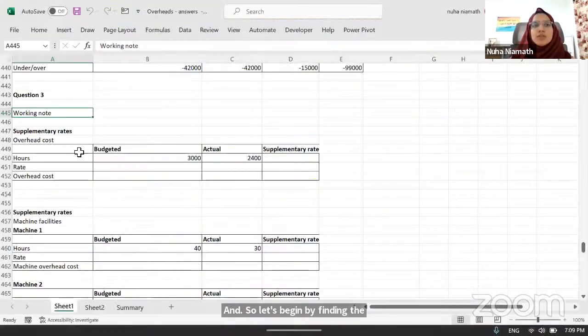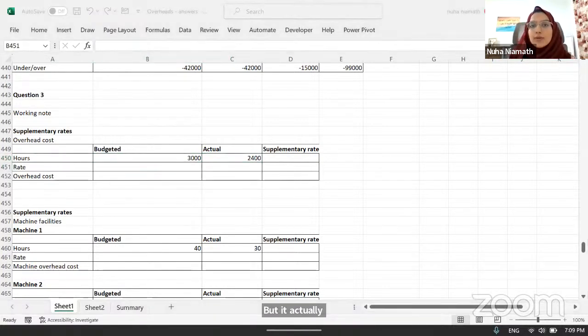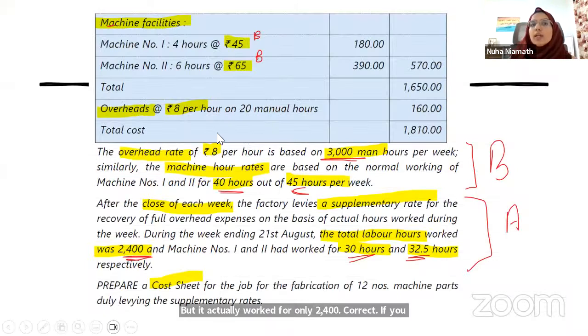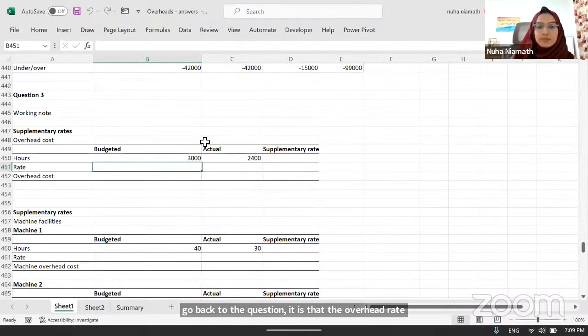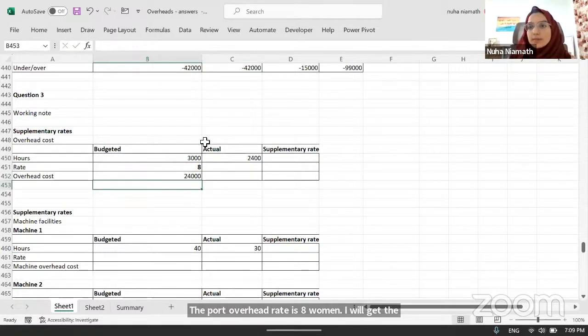In the question, we have been given that the hours for that overhead were budgeted to be 3,000 hours, but it actually worked for only 2,400 hours, correct? If you go back to the question, it says that the overhead rate was 8 rupees. If you do a back working, if I put the overhead rate as 8 rupees, I will get the budgeted overhead cost to be 24,000 rupees, correct?